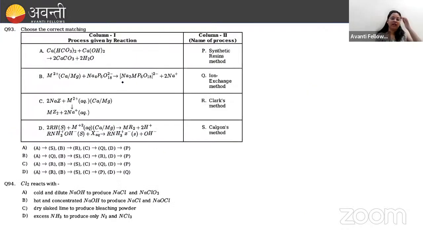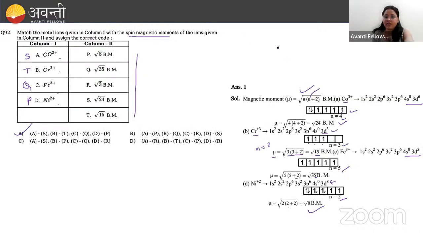Now let's find out the answer for this. Choose the correct matching. Yeah, under root of n plus 2. Very good, Sanjay. So it is not minus, it will be plus. It will be plus under root of n plus 2. That is the formula.